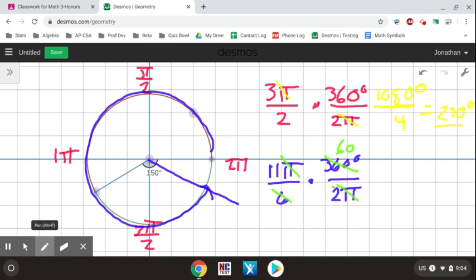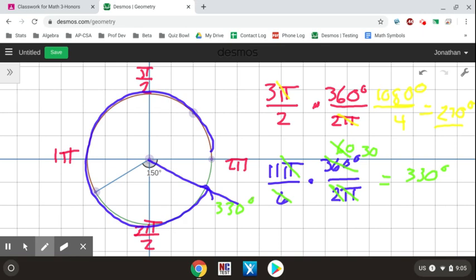I could divide by 2 as well if I wanted to reduce. You could do all of this in the calculator, of course. Just type in 11 divided by 6 times 360 over 2, and you should get to the same place. And I think your answer is going to be 330 degrees, which matches up with our estimate that I would come up with something just less than 360.